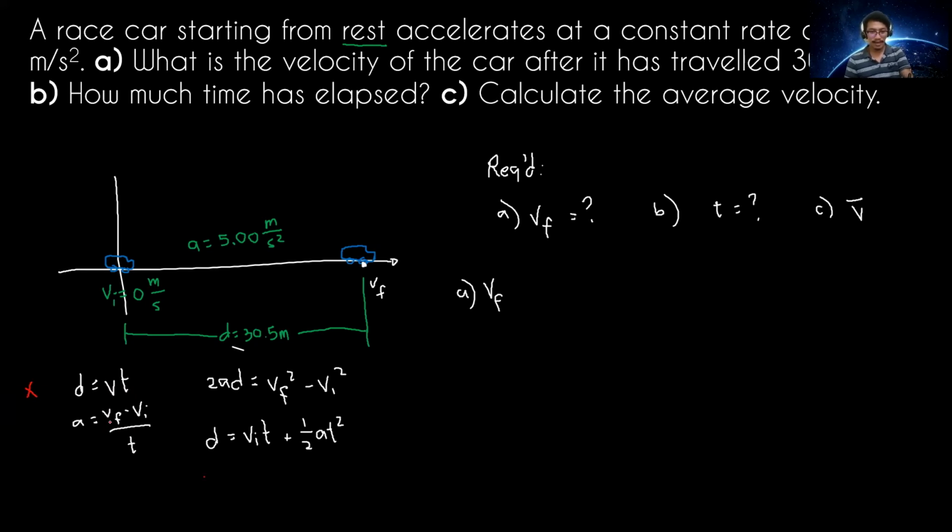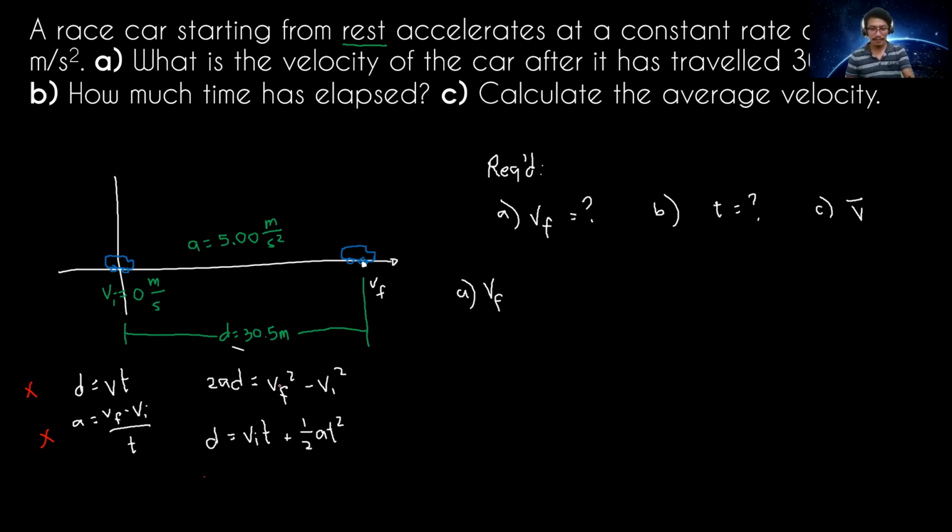So let's check if the details are complete. Do we have acceleration? Yes. Do we have initial velocity? Yes. Do we have time? No time. Right? So if it is not complete, that means you cannot use that equation. So let's move on.